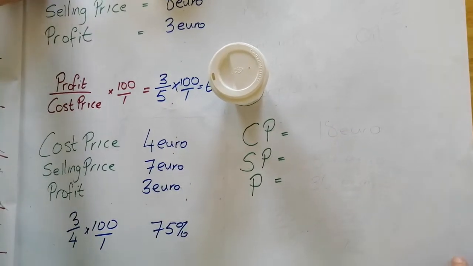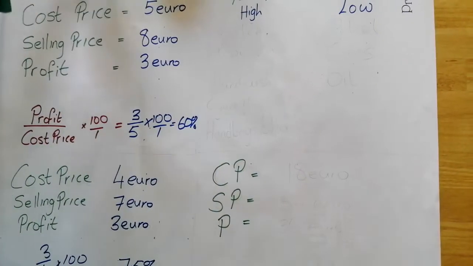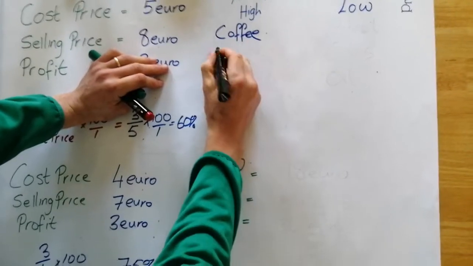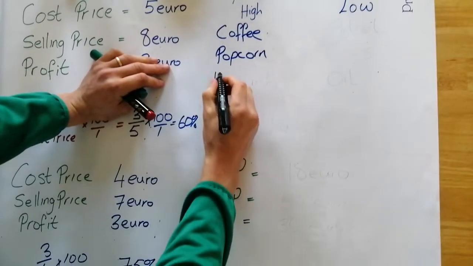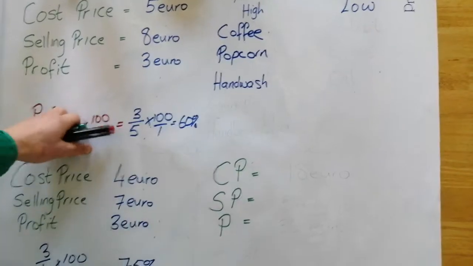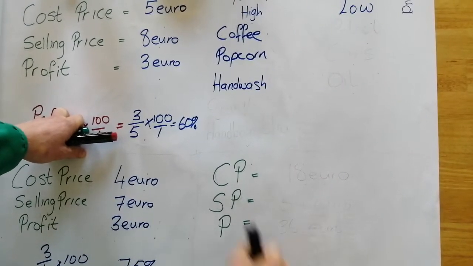Now in the real world, some things have a very, very high profit percentage. Things like coffee, popcorn in the cinema, at the moment hand wash, actually, these things could have 200%, 300%, maybe even 1,000% profit.